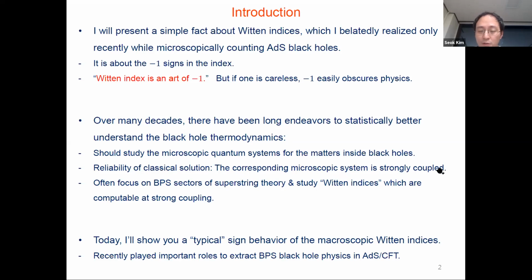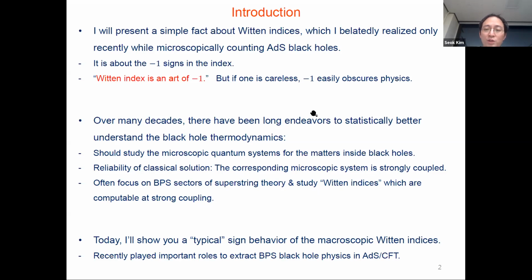So it's very difficult. So one way of doing some rigorous study has long been focusing on certain BPS sectors of superstring theory from the early-mid 90s, and then studying suitably defined Witten index partition functions, which are computable rigorously at strong coupling very often.